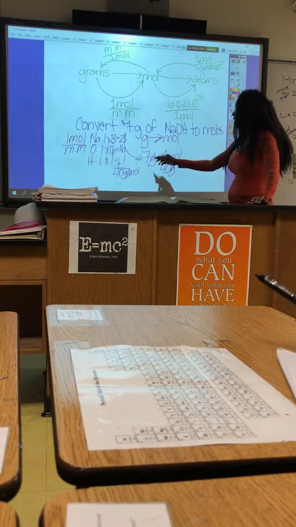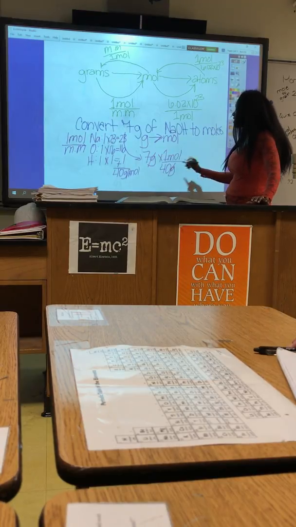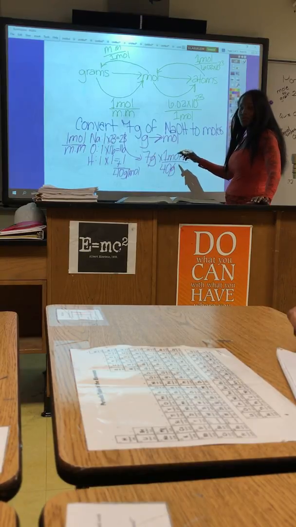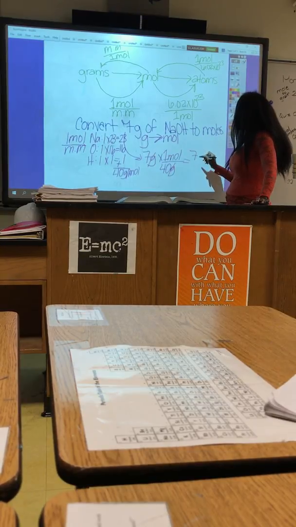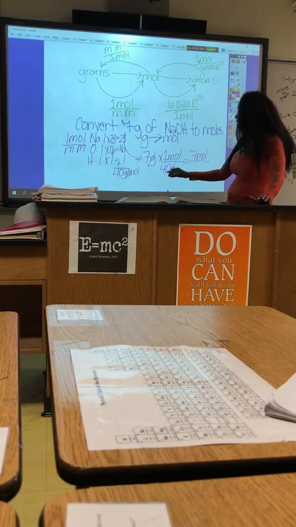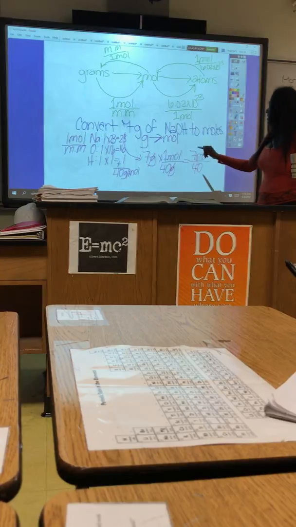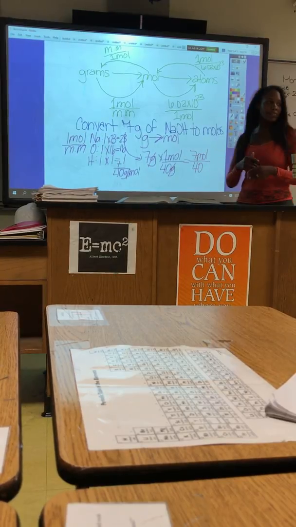Now that this cancels out, we just multiply across. 7 times 1 gives us 7 moles, and then we have 40 by itself. So 7 divided by 40 gives us what?